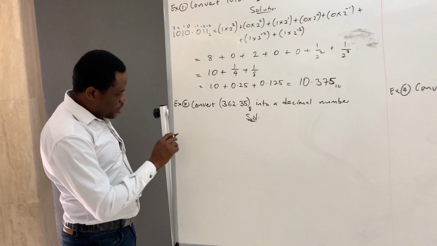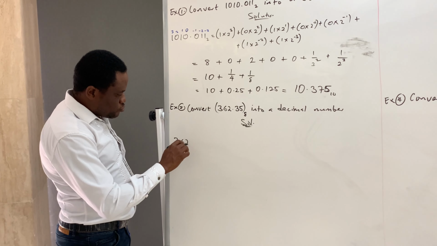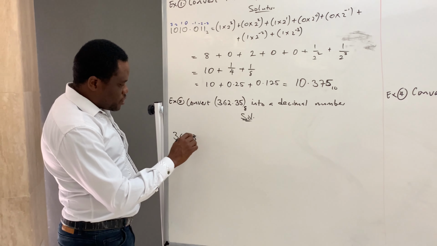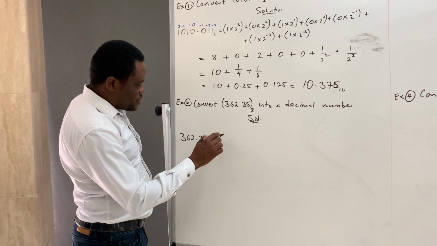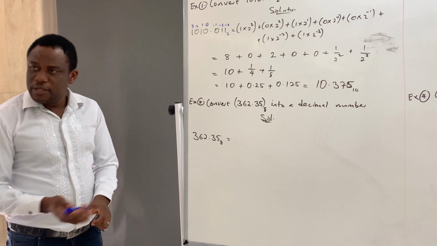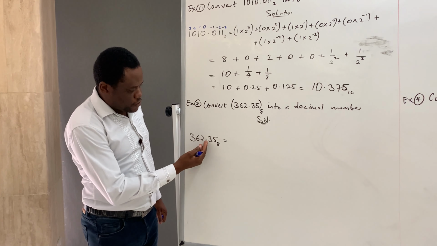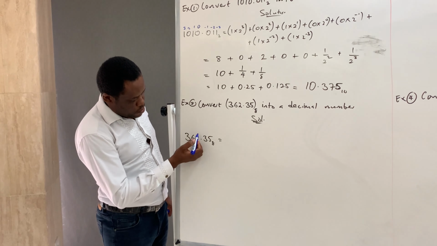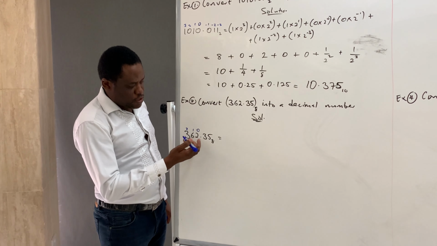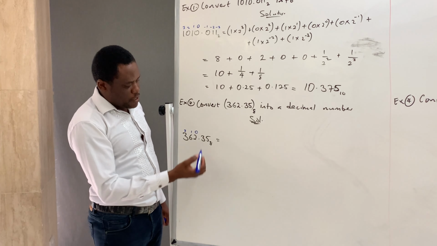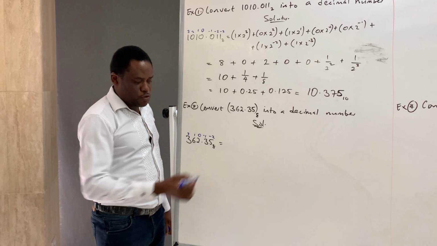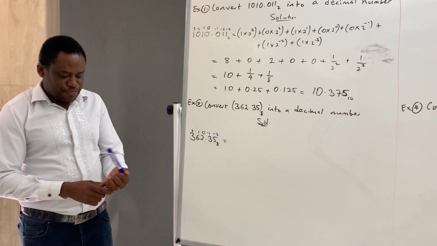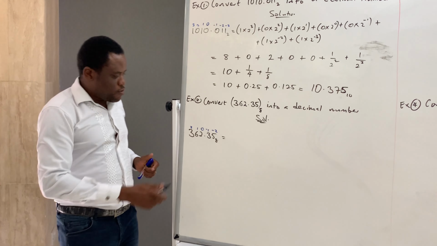Now we have 362.35 in base 8. Start numbering. For the point, first number the whole number. We have 0, 1, 2. Now number the decimal part: -1, -2. So, as usual, pick one after the other.